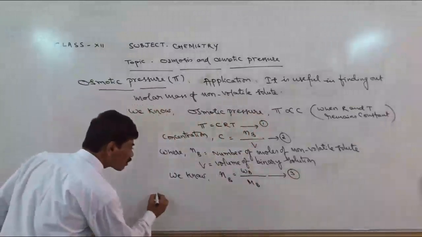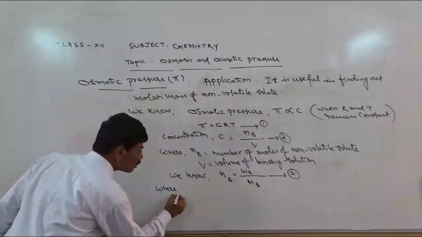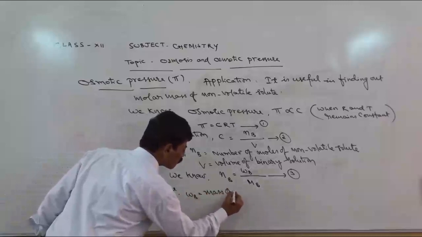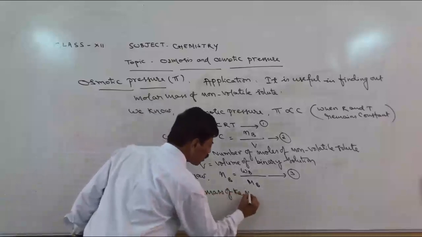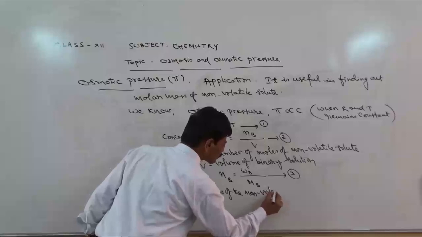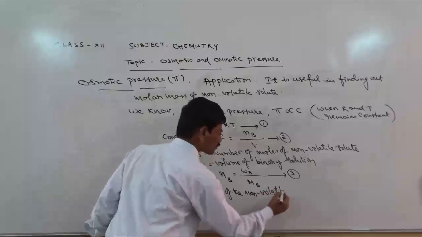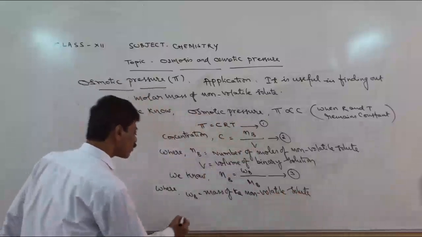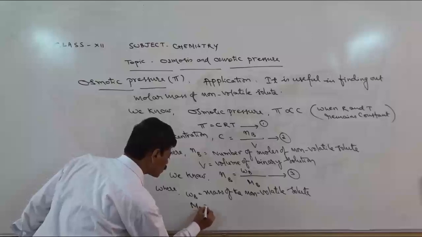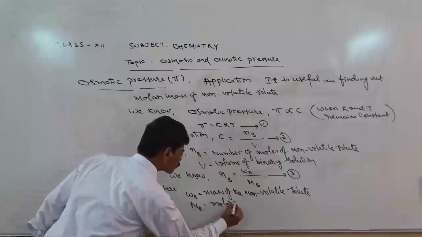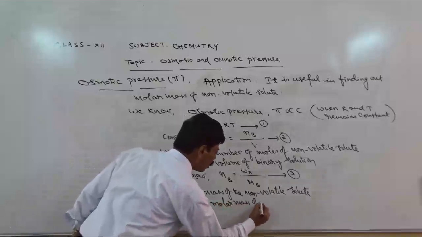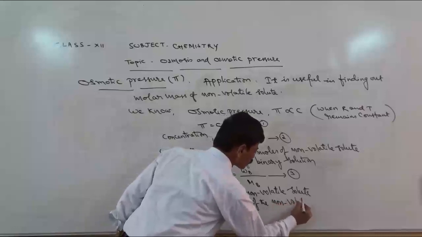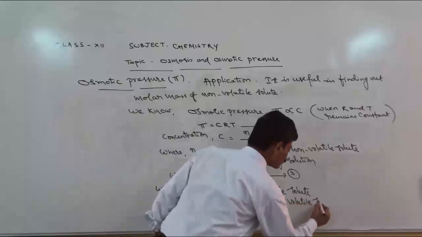So here WB stands for mass of the non-volatile solute, and MB stands for molar mass of the non-volatile solute.